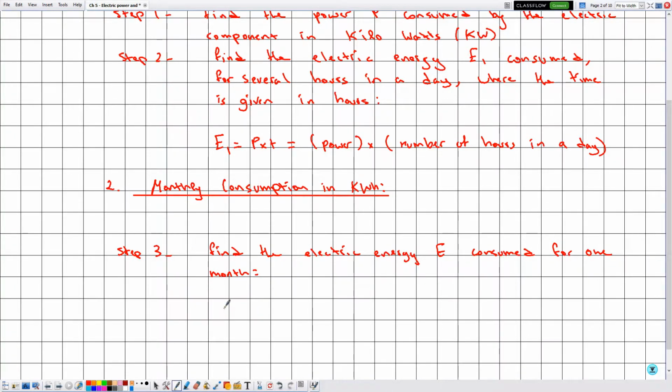In this case, E is given by E1 multiplied by the number of days per month.